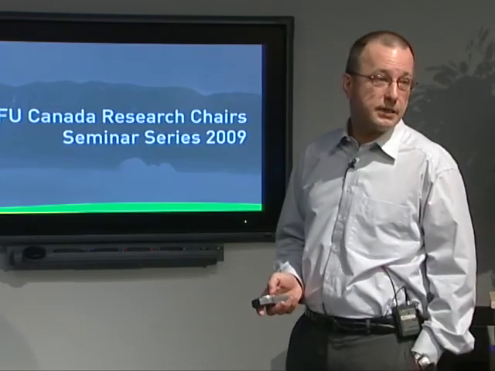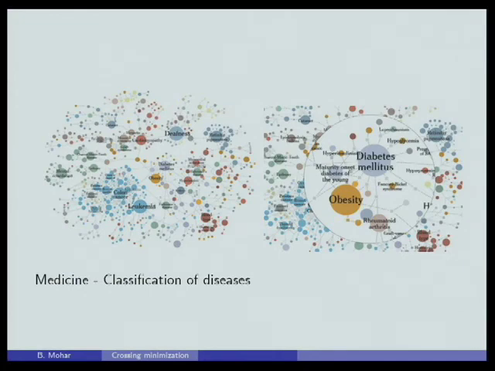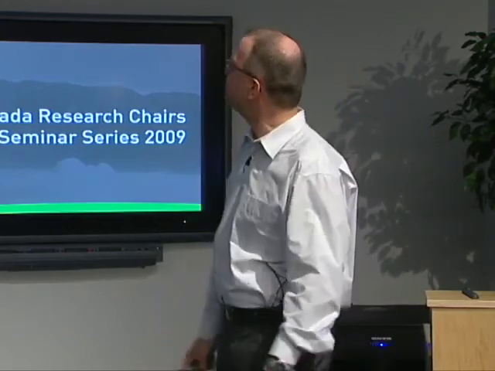Protein folding, that's a big problem in biology, so that's another picture. In medicine, people have studied different diseases and relations between them. So some disease is related to another one, maybe if they are more likely to occur simultaneously.